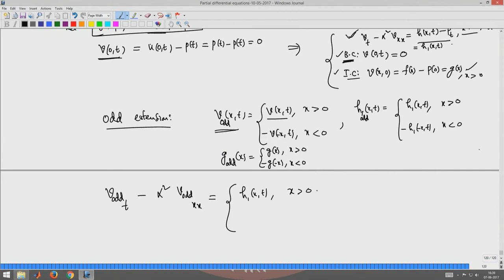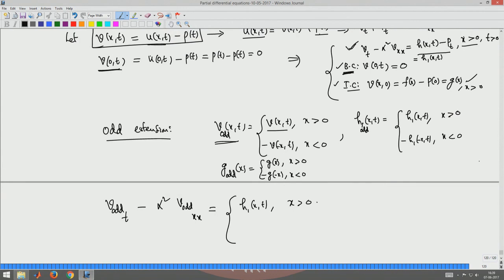Otherwise, it satisfies minus h1 of minus x t. If you actually substitute and see, a minus is common.